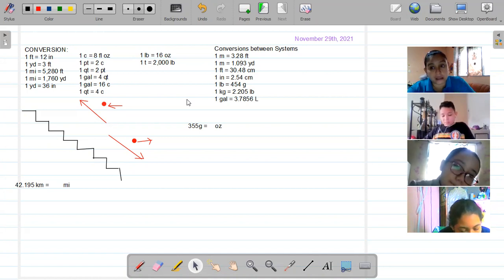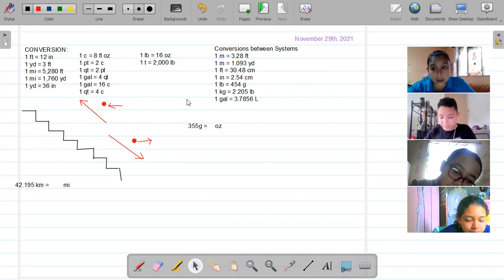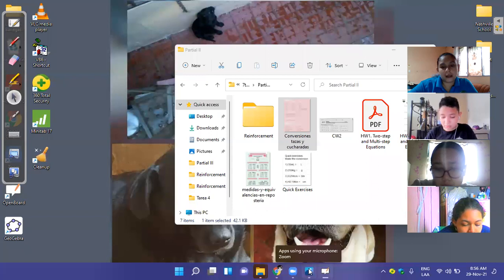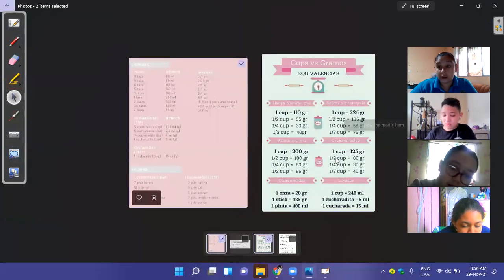Okay, remember, it's not a weight, it's a mass. We have now for capacity, the 1 gallon is equal to 3.7856 liters.